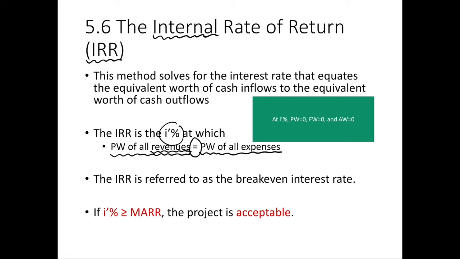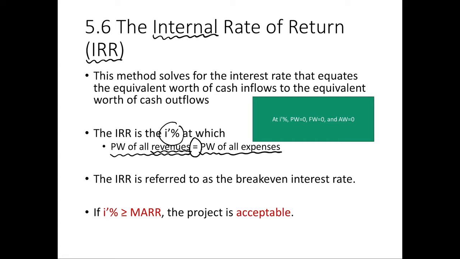So you're gonna re-input all the money you gain into the same business. This implies that the I prime, the interest rate, stays the same. That's why it's called internal rate of return, because you're still keeping the money in the same project.